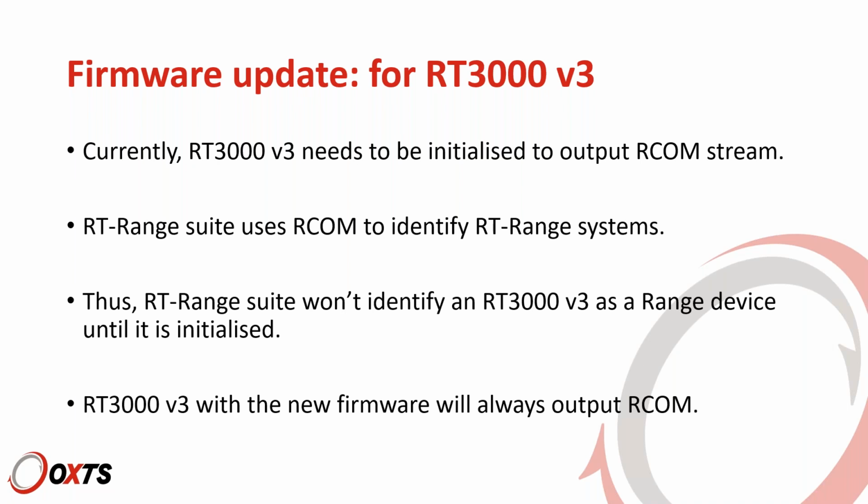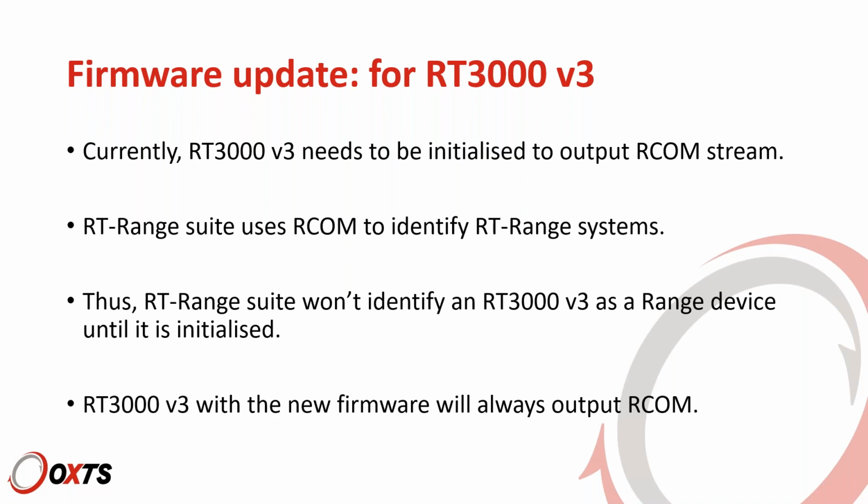Currently, if you have an RT3000 v3 and you've unlocked the RT-Range functionality, to be able to configure the RT-Range functionality of that unit, you need to initialize that unit first, and that requires GNSS signal and antennas set up.